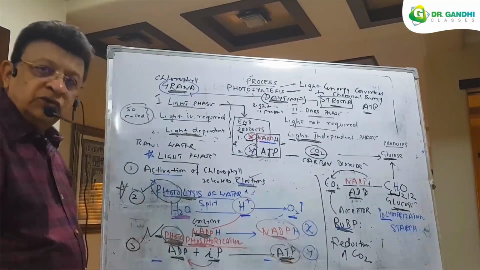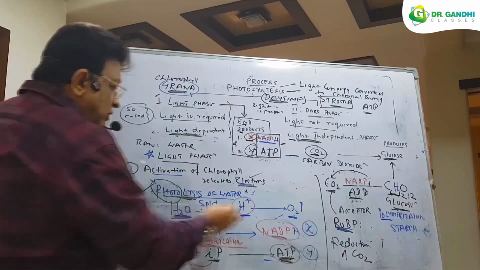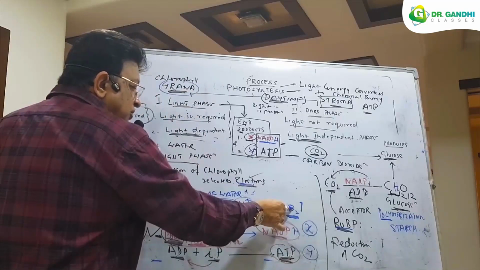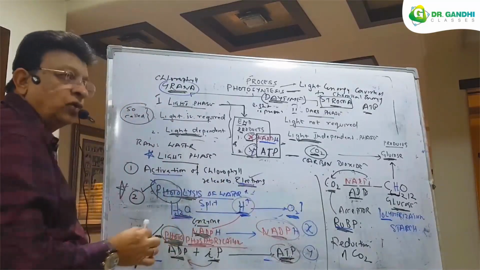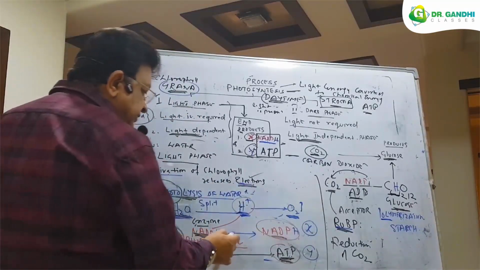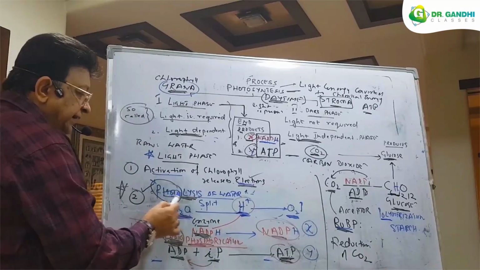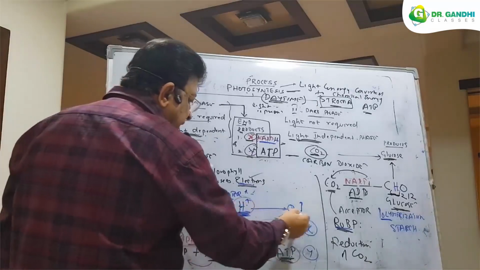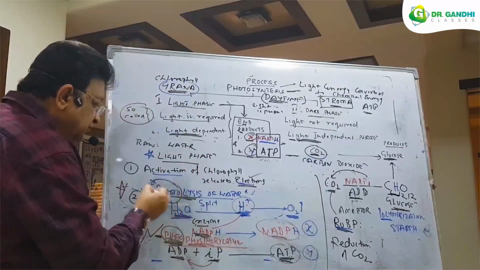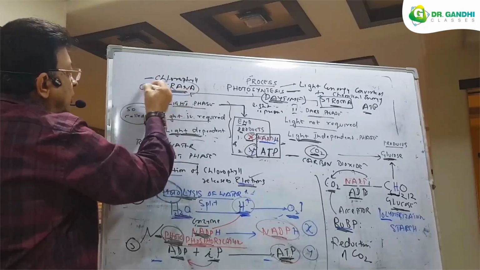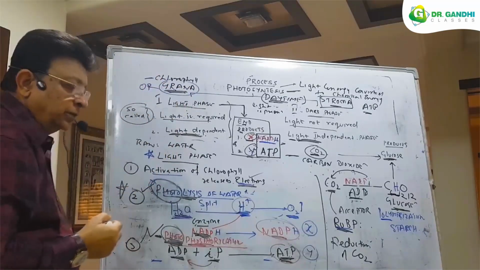Define photolysis of water. It is the splitting of water into hydrogen ion with release of oxygen. Oxygen in photosynthesis comes from water. I'm defining photolysis of water: it is the splitting of water into hydrogen ion and release of oxygen using energy of light in the presence of chlorophyll or in the grana of chloroplast.